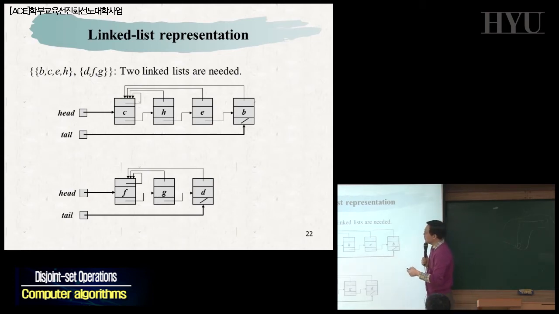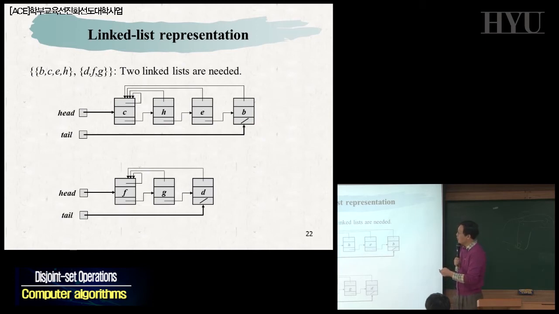So this is a collection of two disjoint sets. One has B, C, E, and H, and the other has D, F, and G. So because there are two sets, we need two linked lists. This is the linked list for the first set, and this is the linked list for the second set.